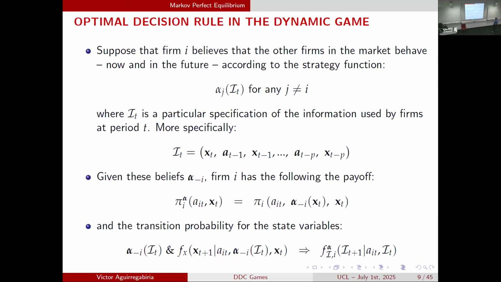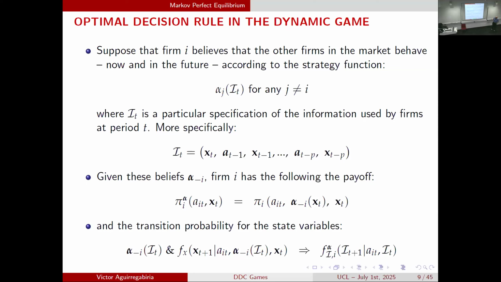Similarly, given that the other players behave according to this strategy function, we know what will be the transition probability of the state variable x from the previous period, taking into account that today the other players will behave according to this strategy.